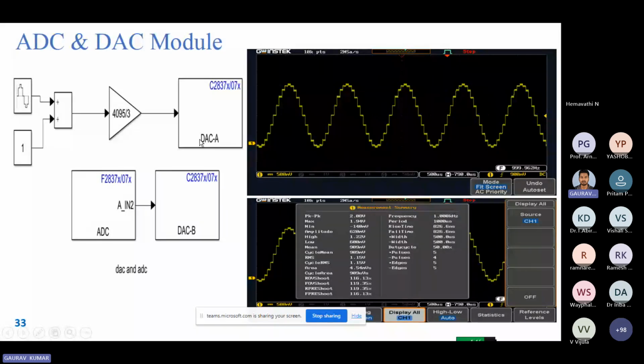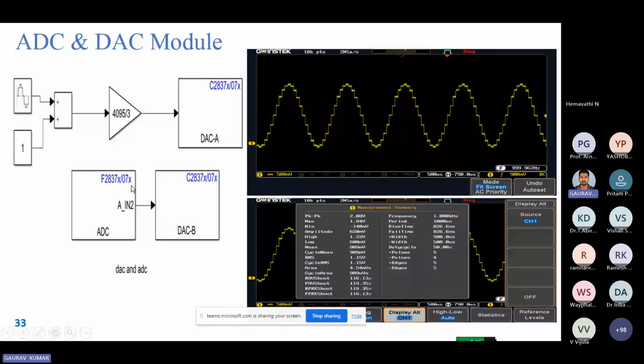DAC output A is pin number 30. So you see the output on pin number 30. The same data which we are sensing through pin 30 of the DAC output, we can feed to the ADC input also.